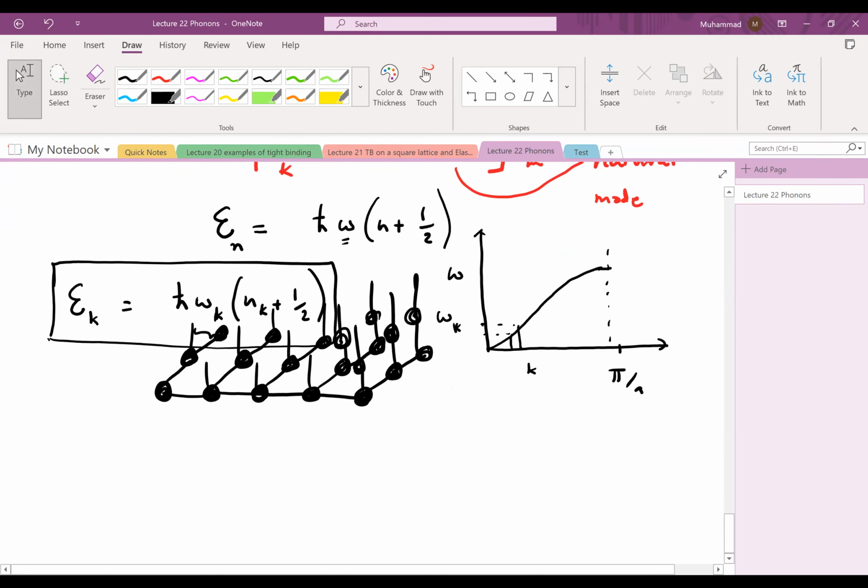So for a single harmonic oscillator, the normal mode is quite simple. But how do we talk about normal modes of a multi-body system, a multi-particle system that we have in front of us? All right, so a normal mode is a mode of all the atoms of the solid in which each atom is moving with the same frequency.